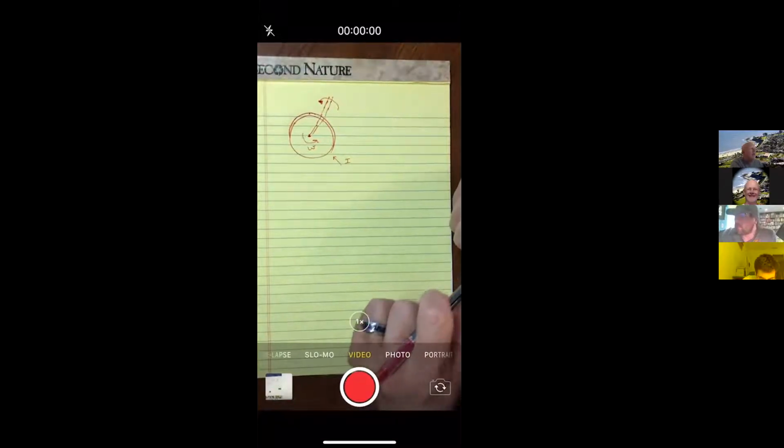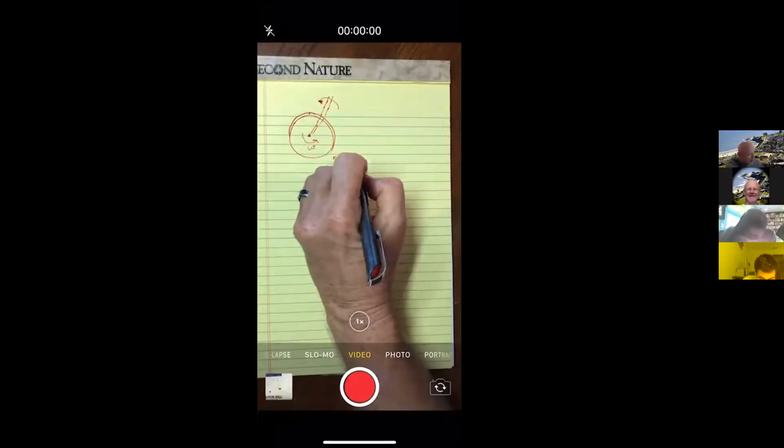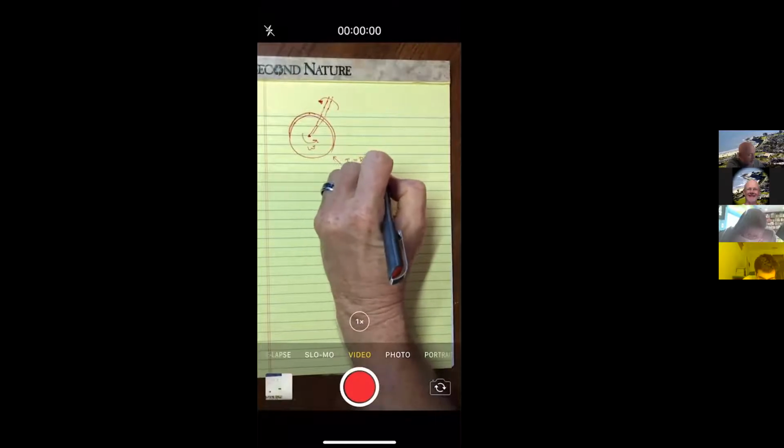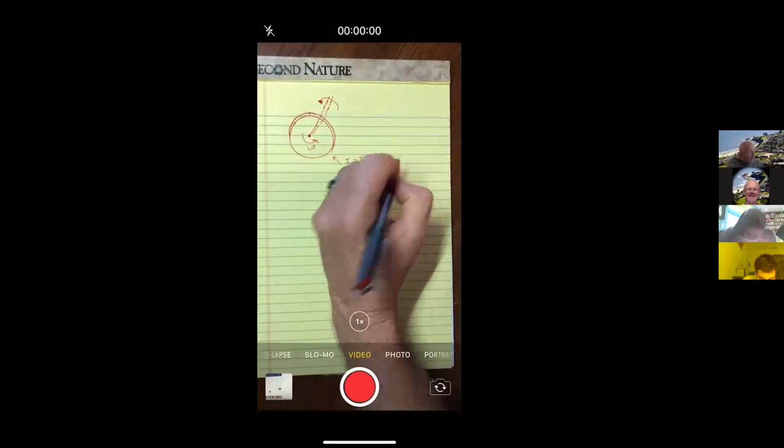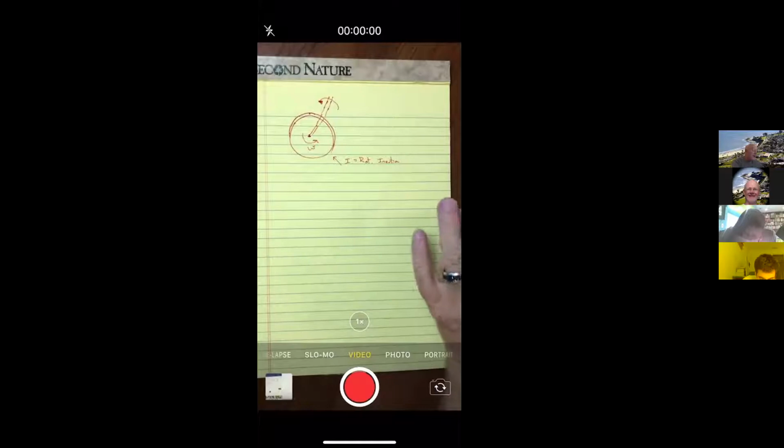Since we're not calculating anything here, let's just keep calling it rotational inertia. This rotational inertia is a measurement of how easy or how hard it is to get it to rotate, or how easy or hard it is to get it to stop from rotating.